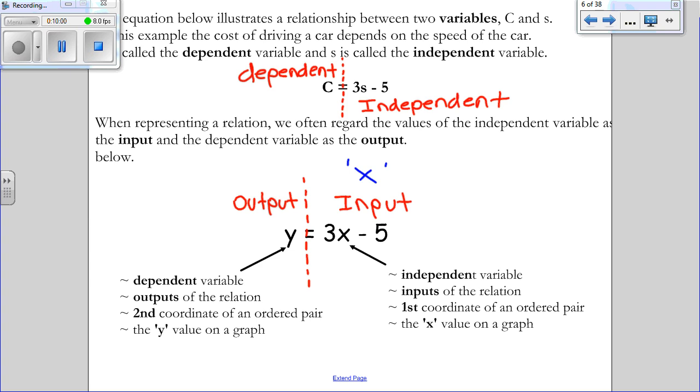The output, no matter what the letter is, is always my y on my graph, my up-down, my y-axis. So you might hear me use that same terminology. So even up here, instead of independent, I might call that my x variable, and I might call this my y variable, because my independent goes on my x-axis. My dependent goes on my y-axis.